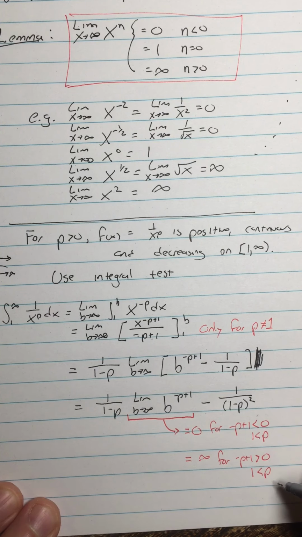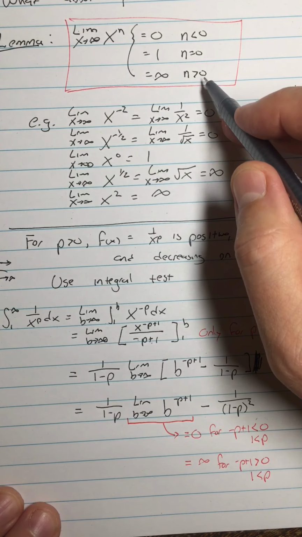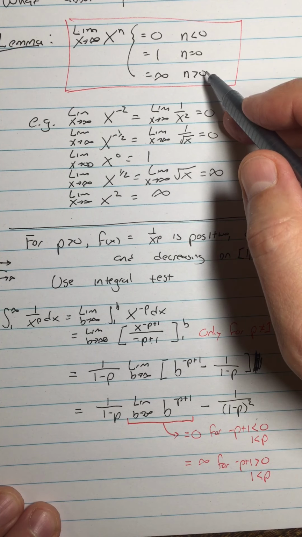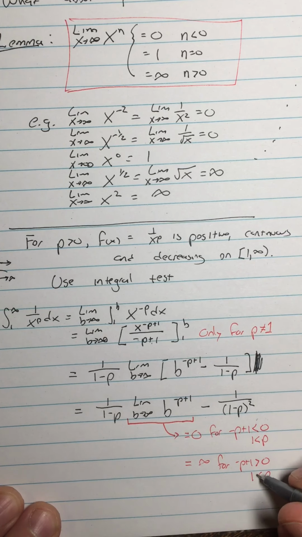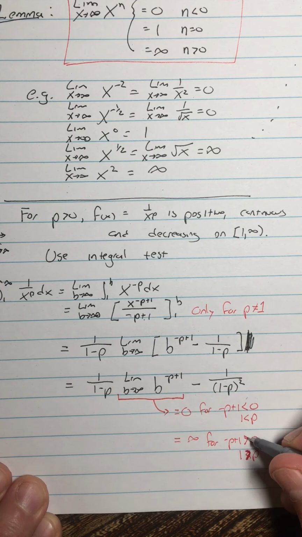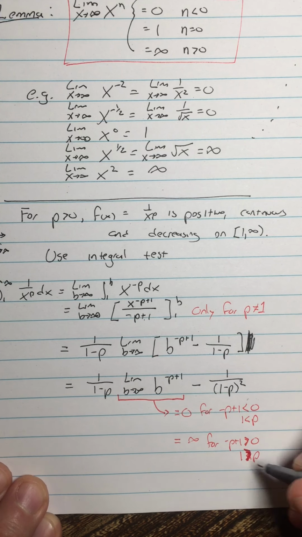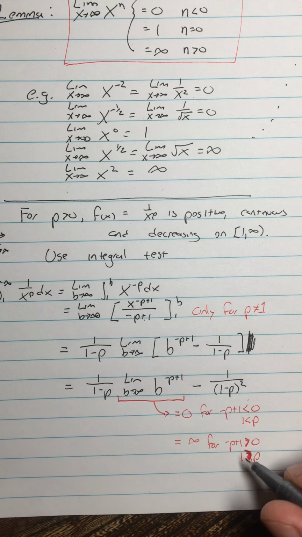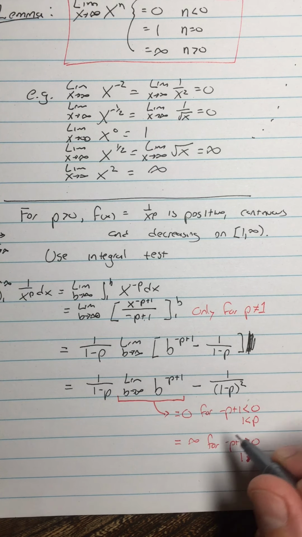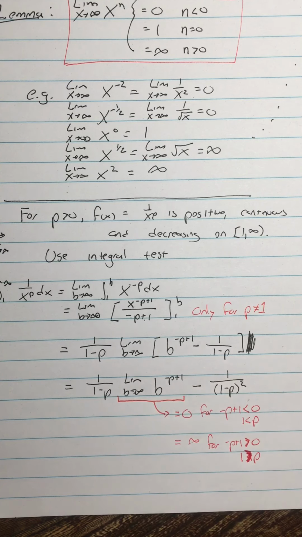Whoops. What did I do here? Oh, greater than, right? Because this says greater than here, I just copied it down. Funny. That's a greater than. So if p is less than 1, the limit is infinity. If p is greater than 1, the limit is 0 of this term.